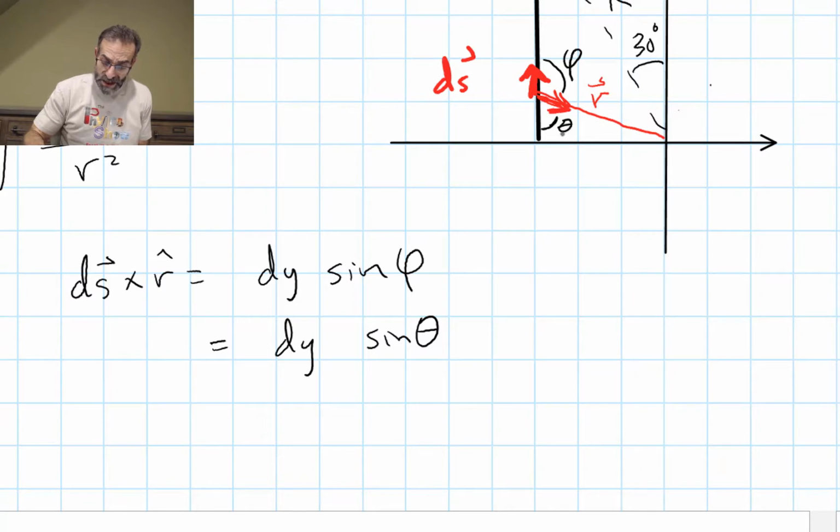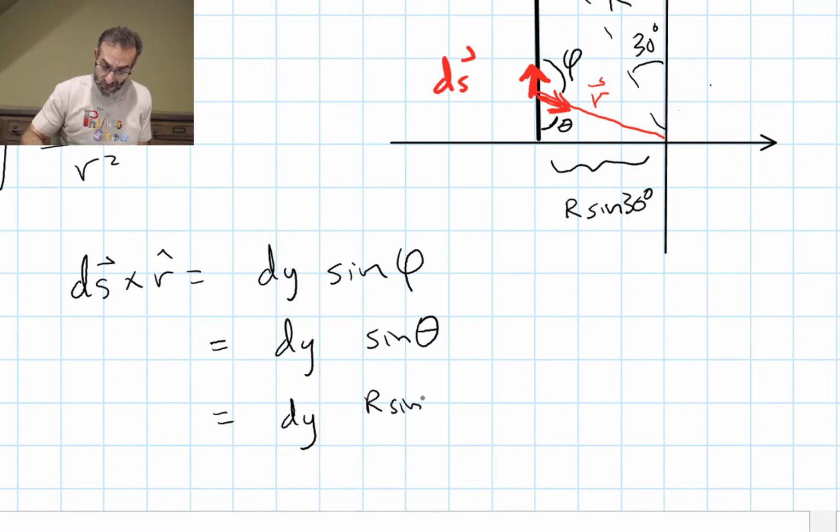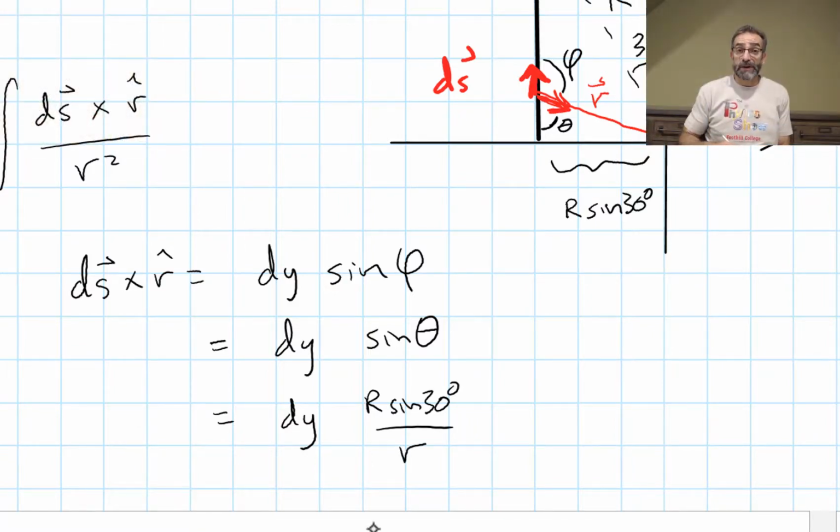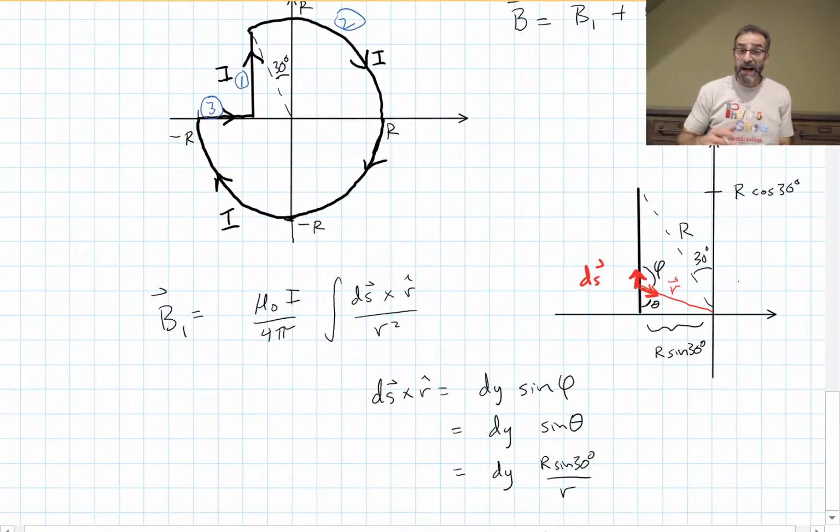And the sine of that angle is this distance, R sine 30 degrees, divided by the hypotenuse, which is little r, our variable r. Capital R is a constant.